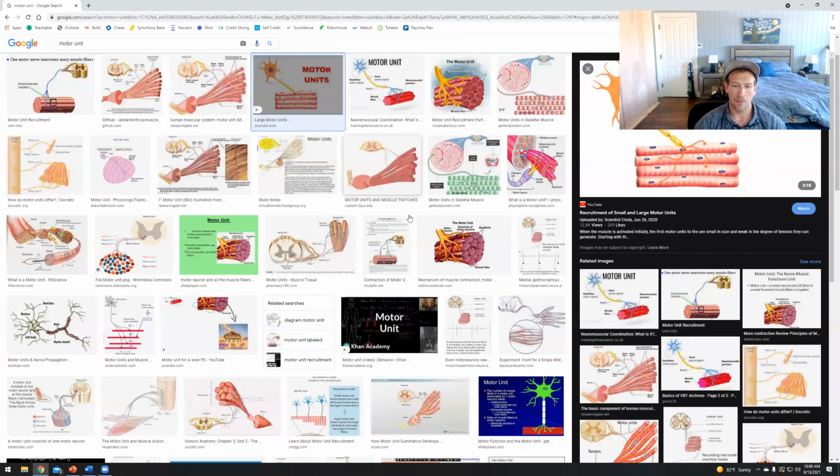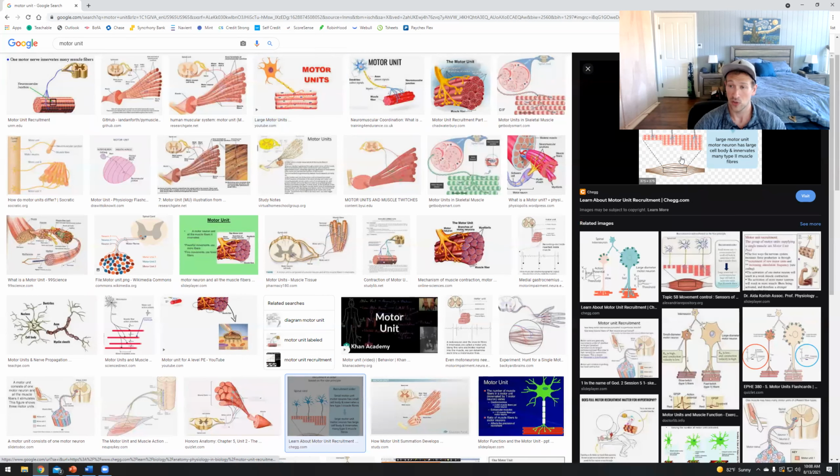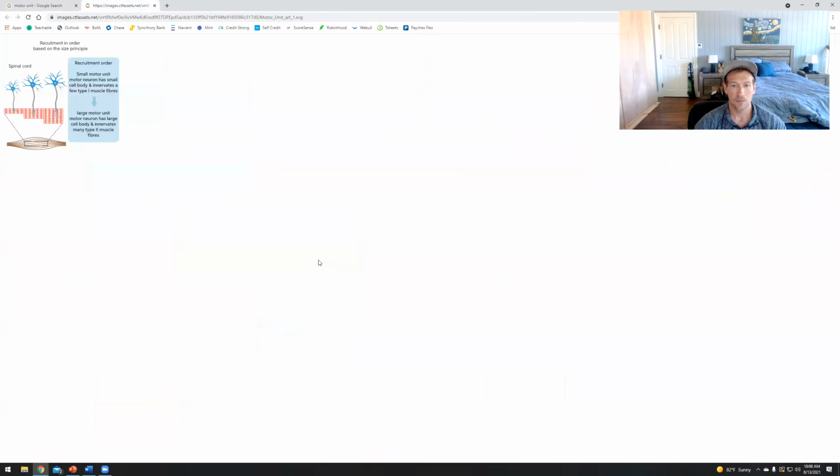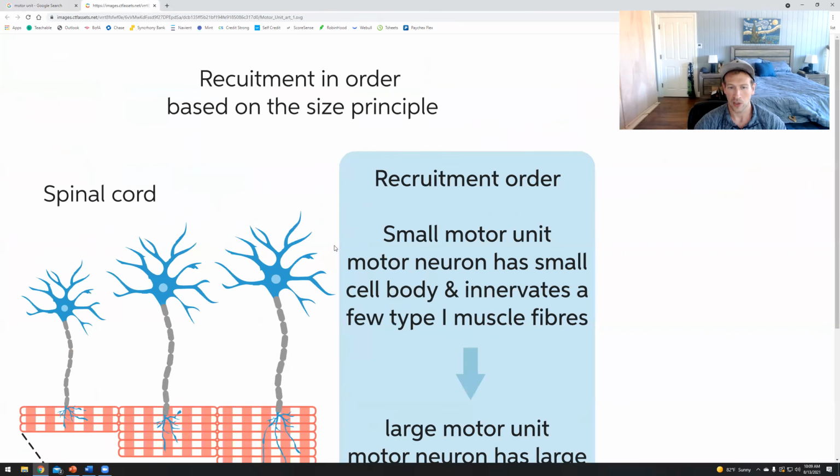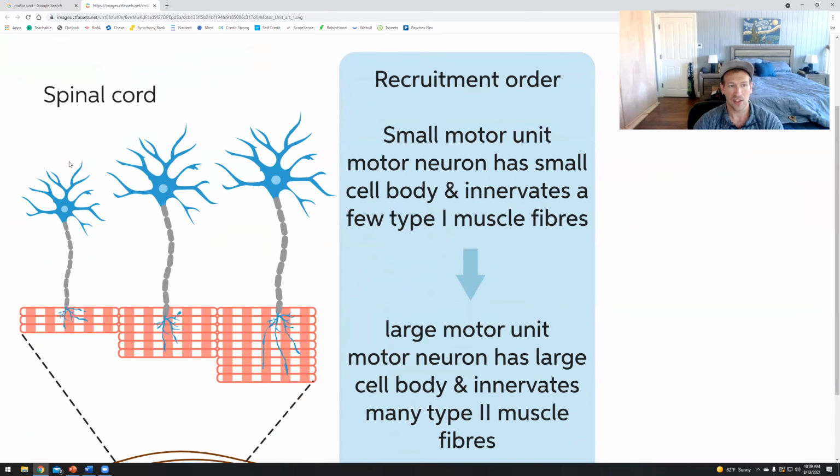Okay, so one of the ways that we determine how strong of a contraction we make is we recruit either large or small motor units, right? There's a small motor unit over here, recruits 3 little fibers. There's a medium motor unit over here, 1, 2, 3, 4, 5, 6 fibers. And then over here, this is recruiting 9 fibers, right? So this is a large motor unit.